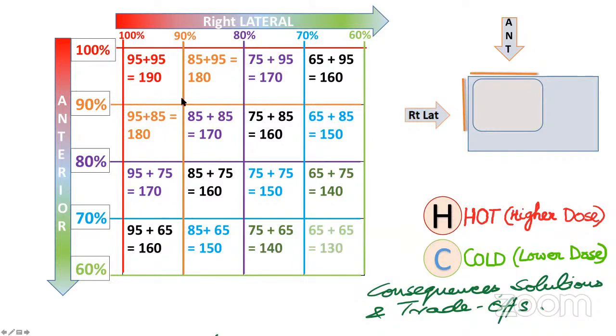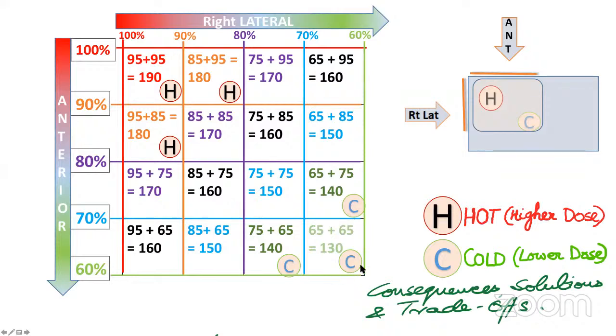So this area, as a result, will get a higher dose. Let us say in the center, whatever is the prescription point, where it is getting everything, say 160. And this area would get a lower dose, which is the cold region.